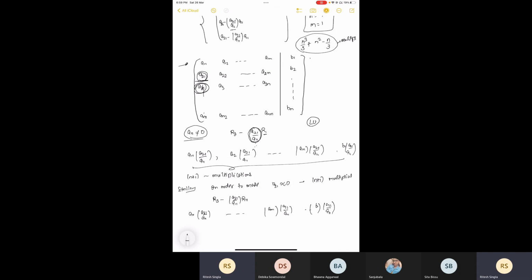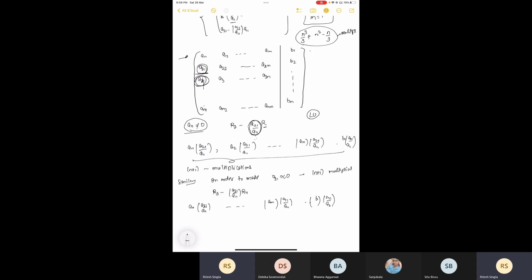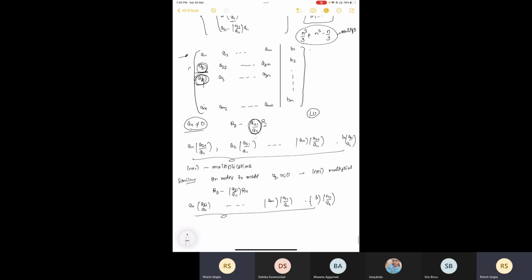Is it making sense that in order to make the third row first entry 0, we again need to do n plus 1 times multiplication? Yes, sir. So basically, how many rows do we have here? N minus 1 rows, right?